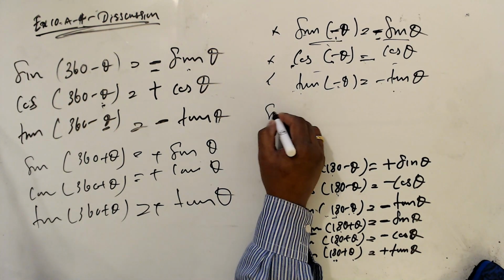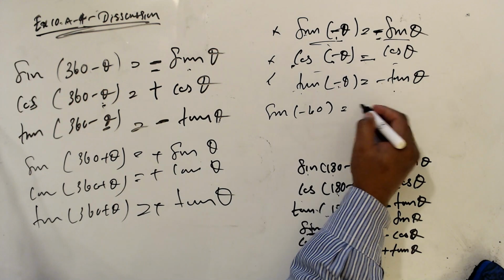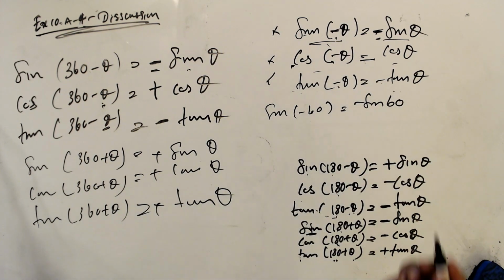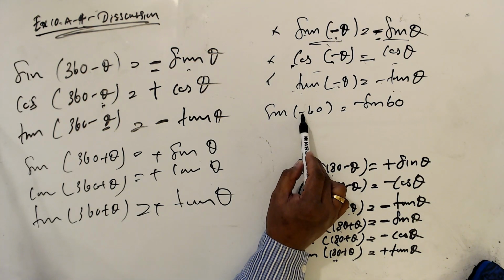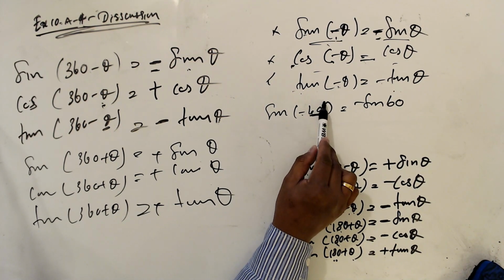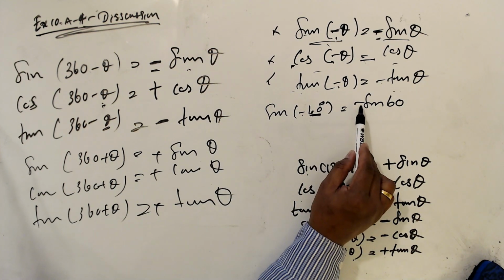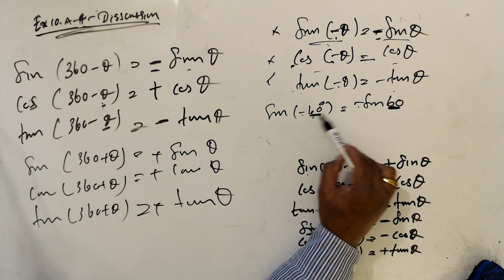For example, sine minus 60 is what? Minus sine 60. Can you see the minus value here with the angle, but we get rid of that now? Now this is a positive number. This is a big advantage.